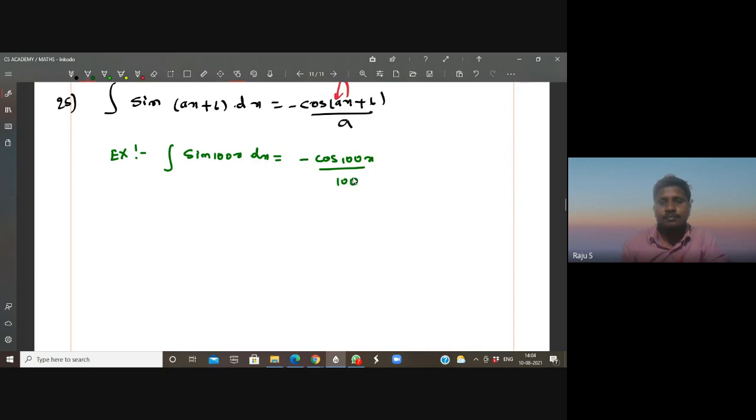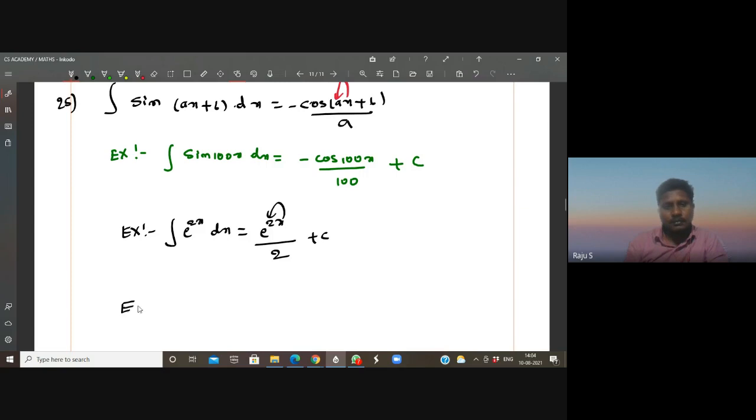By 100. Whatever the x coefficient is, you should write it in the denominator. Example 2: what is integral e power 2x dx? We know e power 2x, but what is the x coefficient here? 2. This 2 you write in the denominator, divided by 2 plus c.